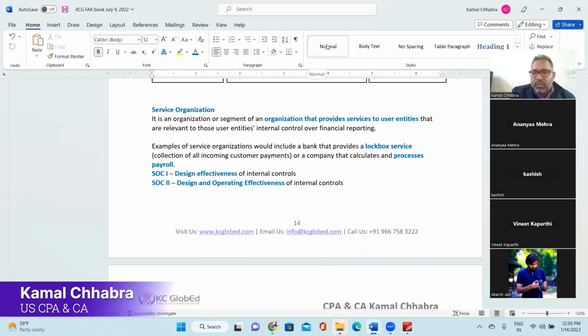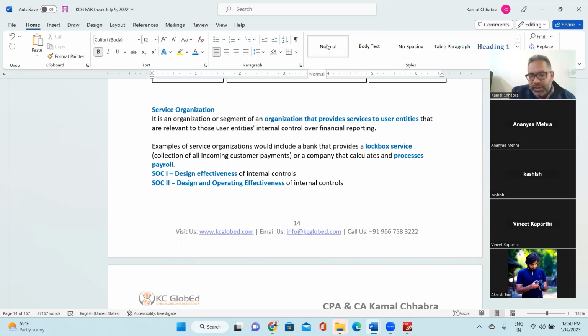That may be the accounting process, payroll management process, treasury management process, fund management process, or inventory management process. There are certain accounting requirements, auditing requirements, and control framework requirements.